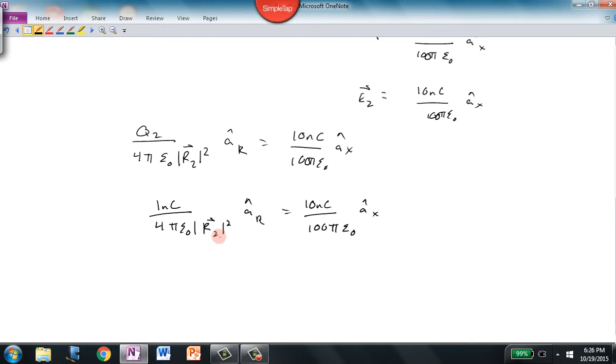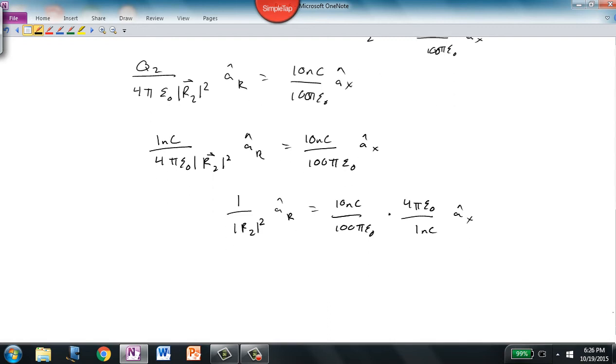So what we need to do is solve for R2 here, and we can do that by dividing both sides by this quantity right here. So 1 over the magnitude of R2 squared times a hat R is equal to 10 nanocoulombs over 100 pi epsilon 0 times 4 pi epsilon 0 divided by 1 nanocoulomb in the a hat x direction.